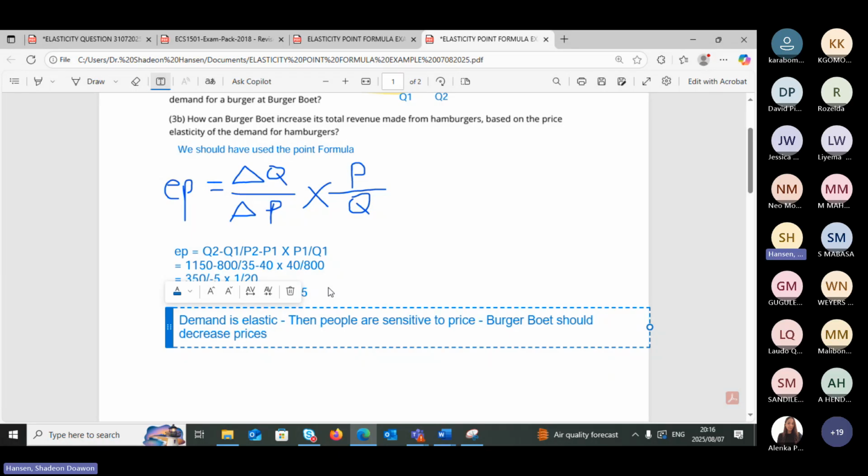So people are going to buy more burgers, and in buying more burgers, the total revenue of Burger Boot will increase, right? Increase total revenue.